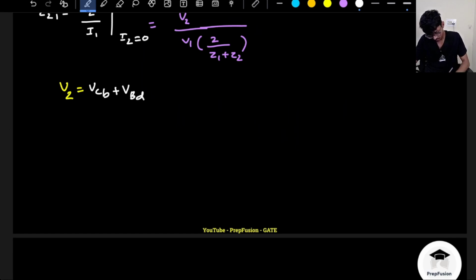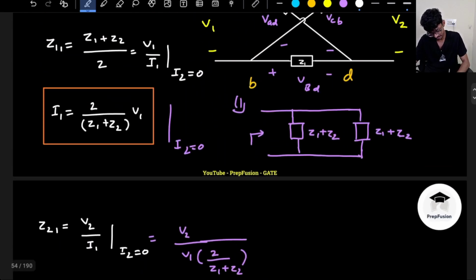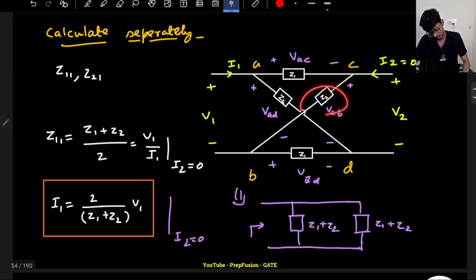So now what can I write? What is VCV basically? If you observe, this Z1 and Z2 are in series because no current is coming here. If these two are in series, a voltage division rule can be applied, because this V1 is across the whole combination of impedance.